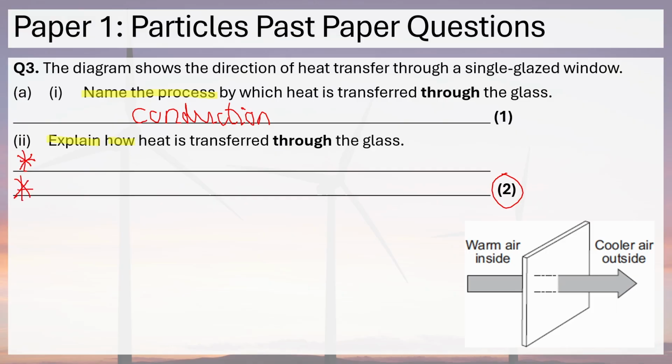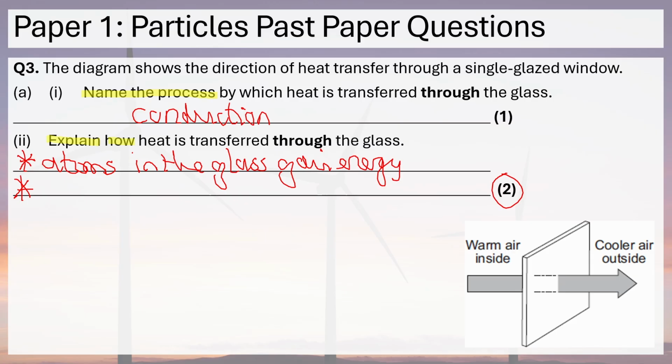So the first point is going to be something like the atoms in the solid, or in the window, or in the glass, gain energy. Or you could say vibrate more, or vibrate with a greater amplitude, but you can say they gain energy.